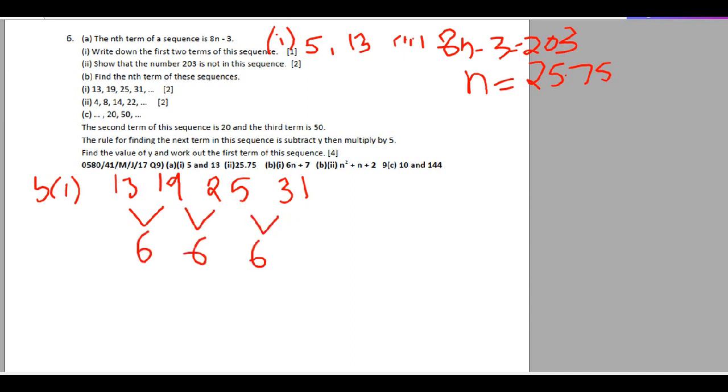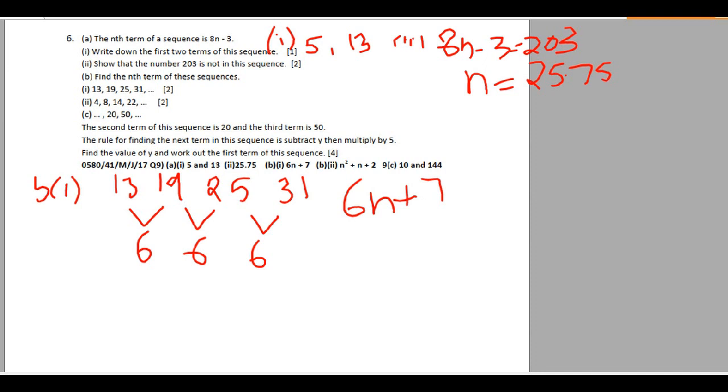So this is a first level common difference. The nth term will be 6n, and right now my first term is 6, because when I substitute n equal to 1, I'm getting 6, but the actual first term is 13, so I need to add 7 to it. So this is the nth term for B1.